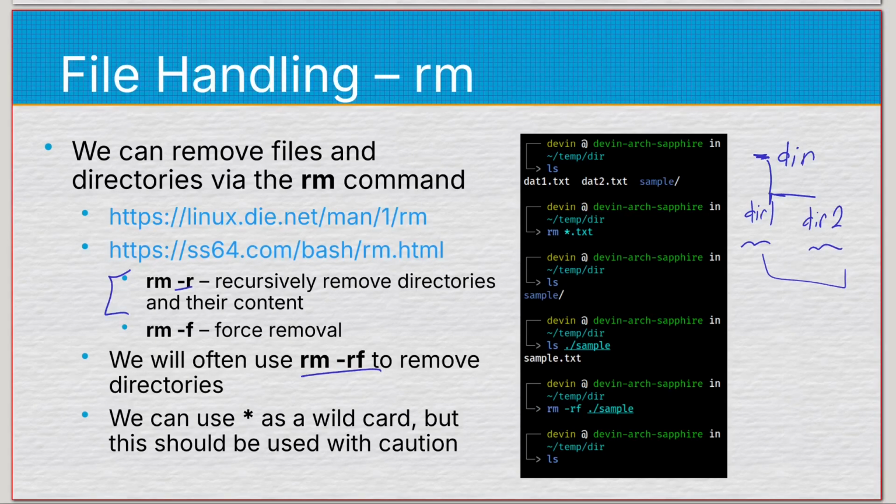So it's basically, if I want to guarantee, hey, I want this directory gone, everything inside of it go away, you'll see something like this right here: rm -rf ./sample.